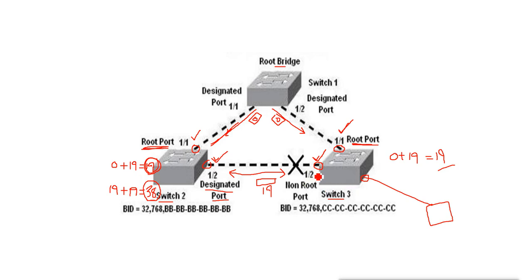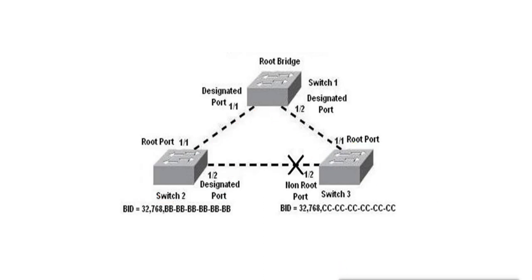Then the switch will decide which designated port can create a loop and block that port. In this case, we have these ports as root ports, and for switch 2 we have this port as a designated port, and this is also a designated port.